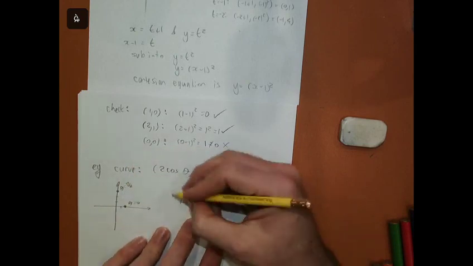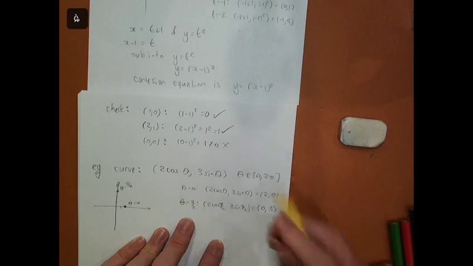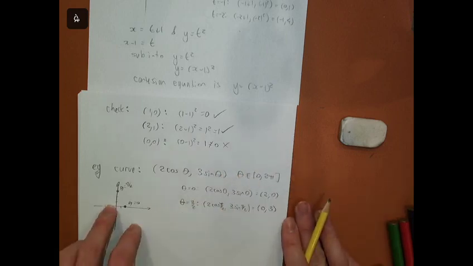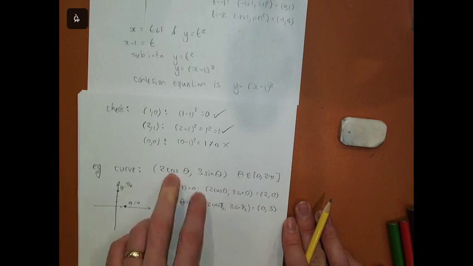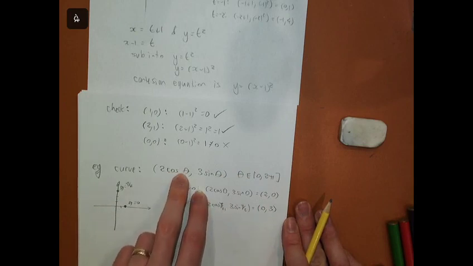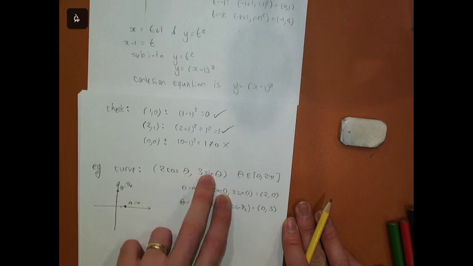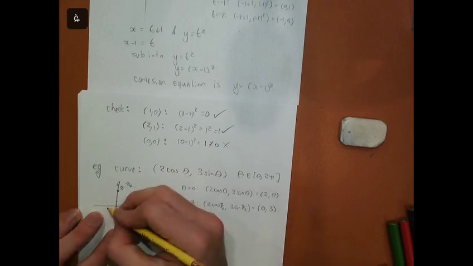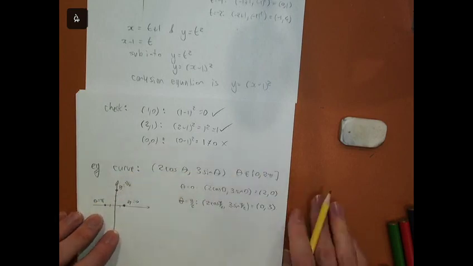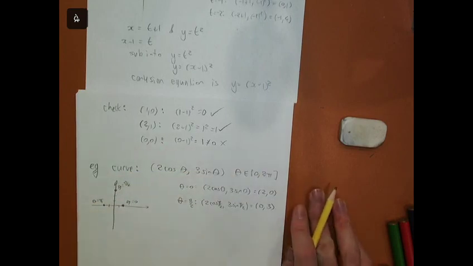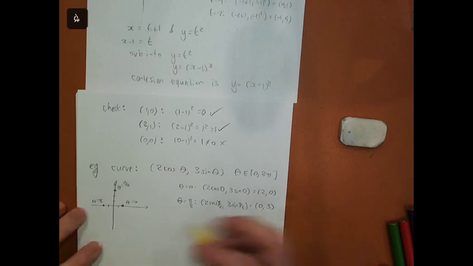Now I won't write the rest of them, I'm just going to imagine them. When theta is equal to pi, 2 cos pi is minus 1, so we'll get minus 2, and sine pi is 0, so we're going to get (minus 2, 0), which is here. Theta is 3 pi on 2, cos 3 pi on 2 is 0, sine 3 pi on 2 is minus 1, so we're going to get (0, minus 3).